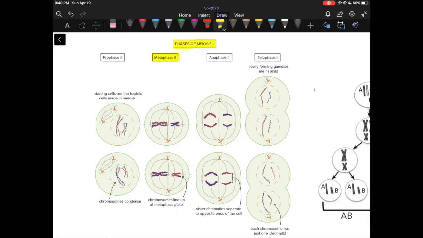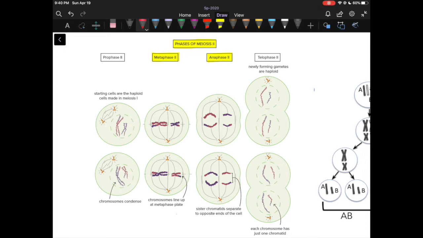In metaphase 2, those 23 chromosomes are going to be lined up in the middle, and they're going to be separated in anaphase 2. So this is a similar process to what we see in mitosis, where chromosomes are lined up in the middle but not in pairs.